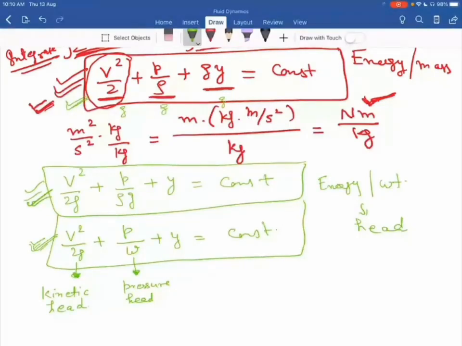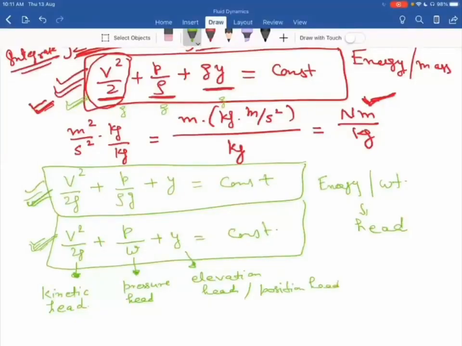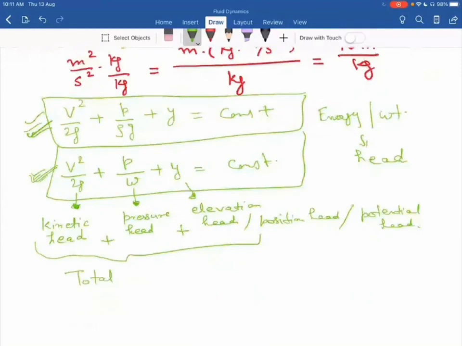Similarly, the third term is the potential energy per unit weight, and we call it elevation head. Other names you can note down are position head, and also potential head. Now the sum of these three we call total head.